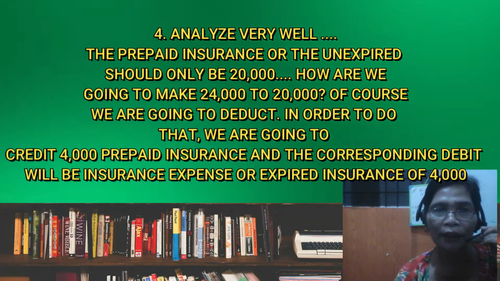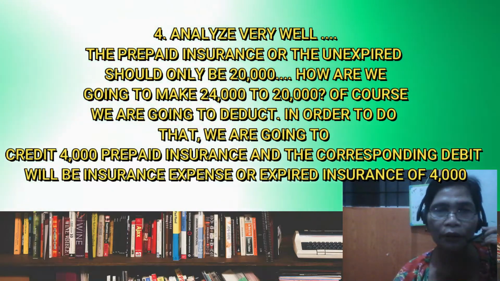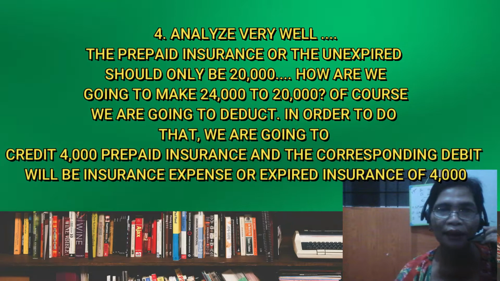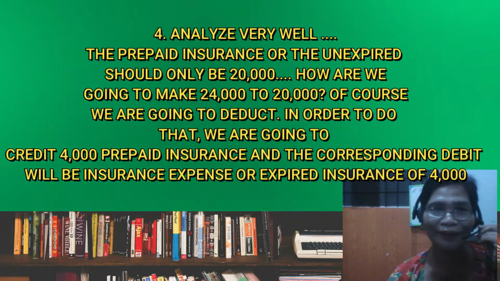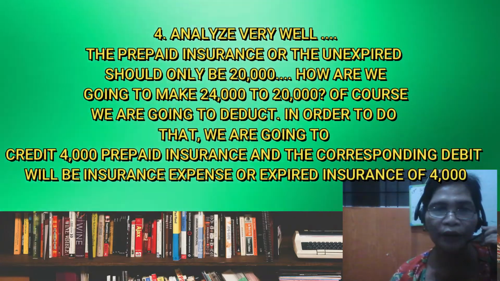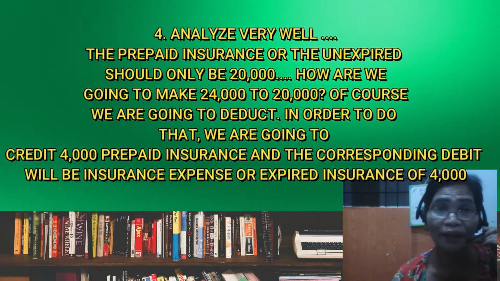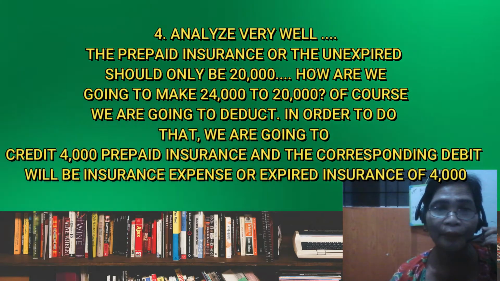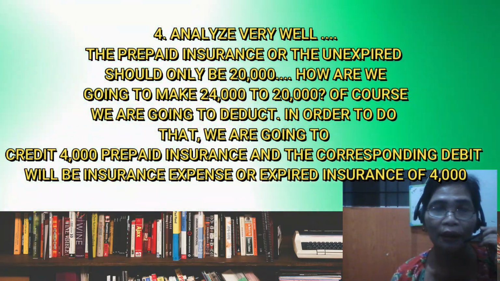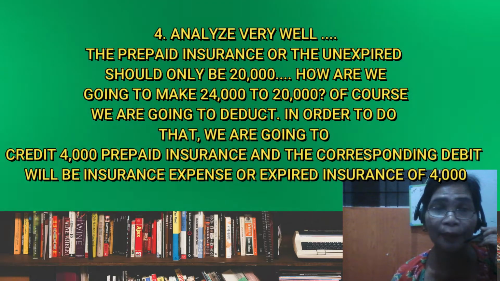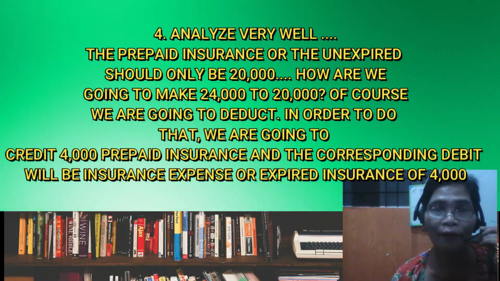In the T account, if you put the December 31, 2019 balance, you only have 20,000. So the problem is, how do you make 24,000 to 20,000? There must be a credit entry crediting prepaid insurance 4,000. So you have now one side of the adjusting entry, which is prepaid insurance credit entry 4,000.